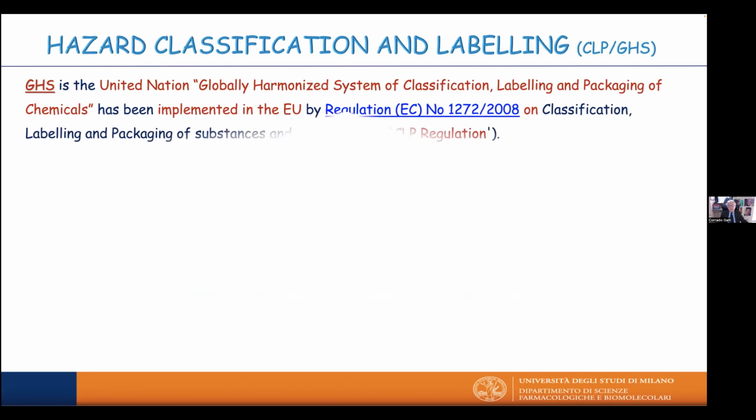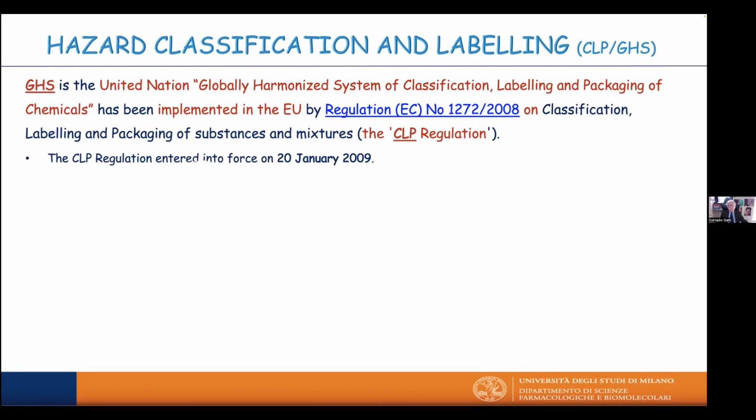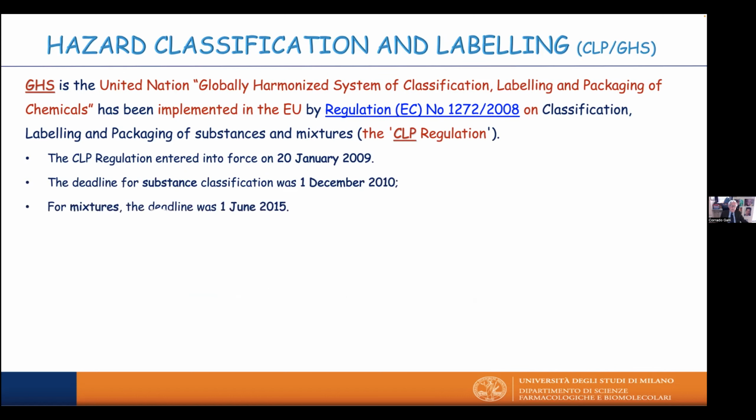Now, the problem is also from some guidelines from some agencies where they reason on the basis of the hazard, and they classify chemicals on the basis of the hazard.